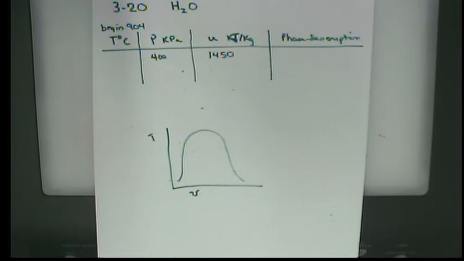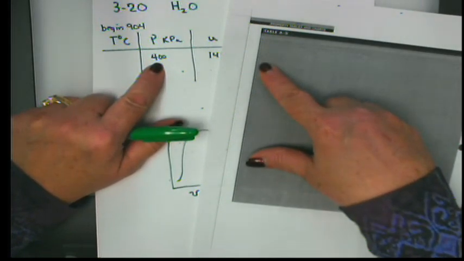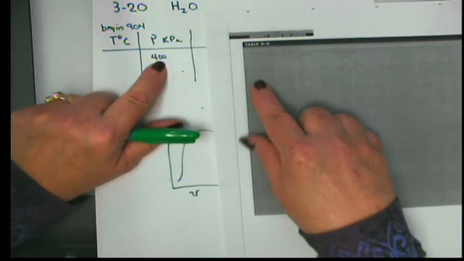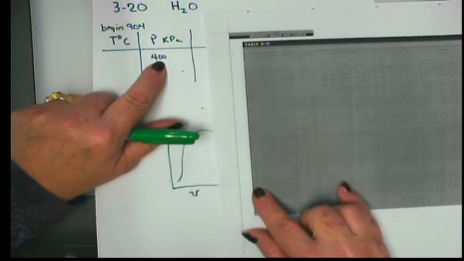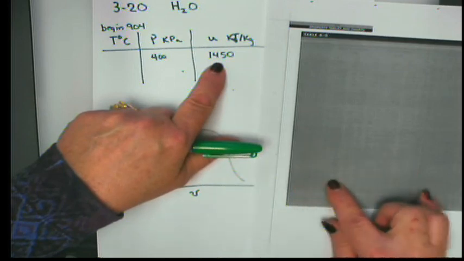So if I go to table A5 and I look at the pressure organized tables, I'll see that this column tells me it's pressure in kPa, same units. So I go down to 400 and I take a look at my internal energy.